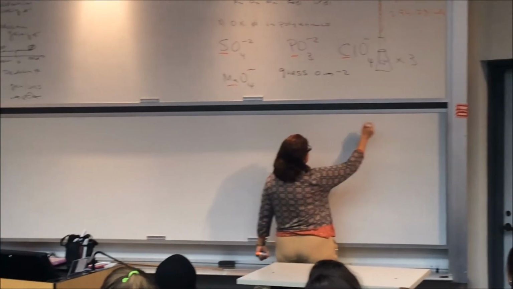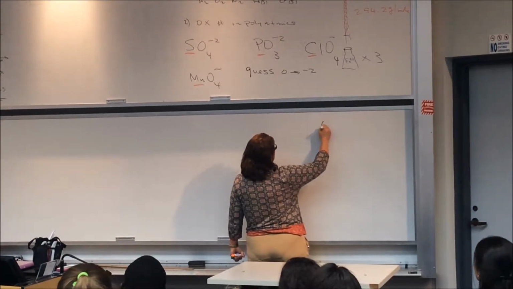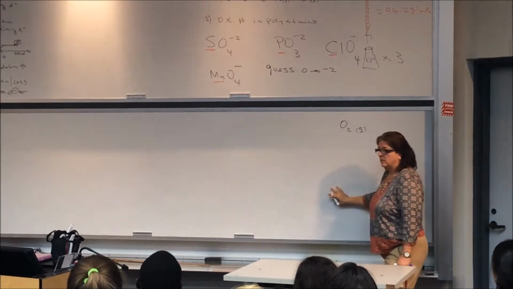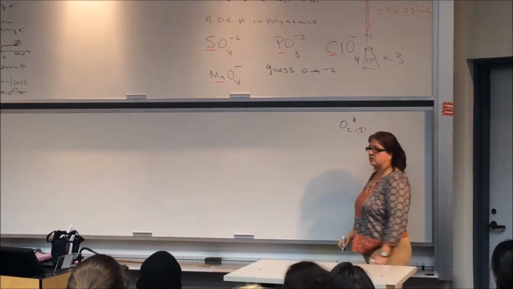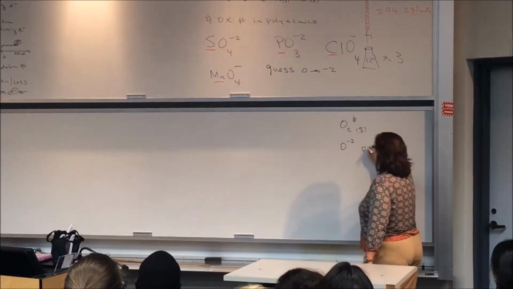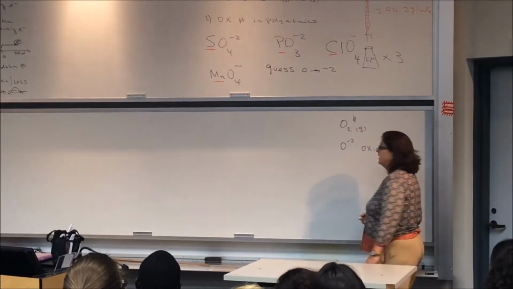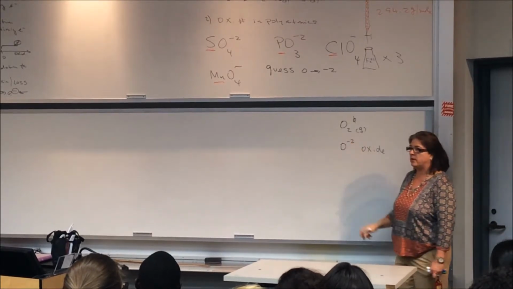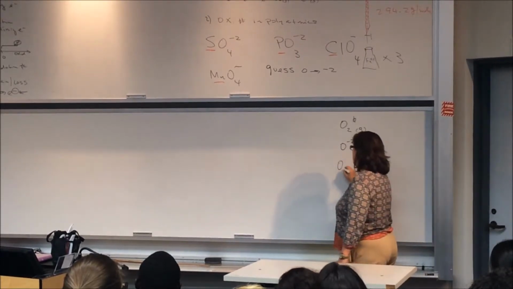How do you feel about oxidation number for that guy? What's his oxidation number? 0, an element in its elemental state. What's this called? No, that's just regular oxide. I just wrote a -2 up here. What is peroxide?